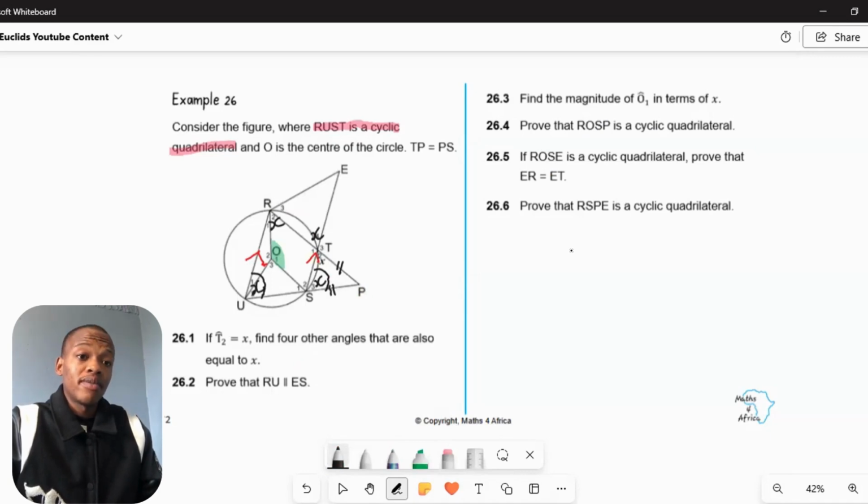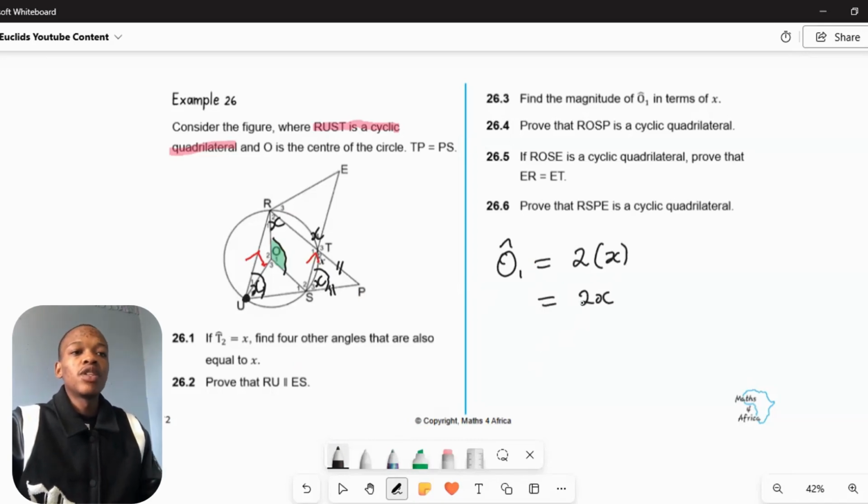Is that going to work? Yes, it is going to work, because U is the angle at the circumference and there is the angle at the center. Which means angle O1 is equal to 2 times angle U, which is 2 times X. That means O1 is 2X.